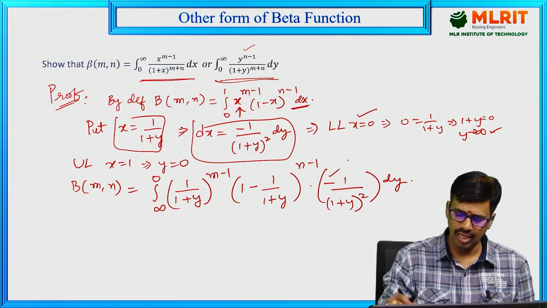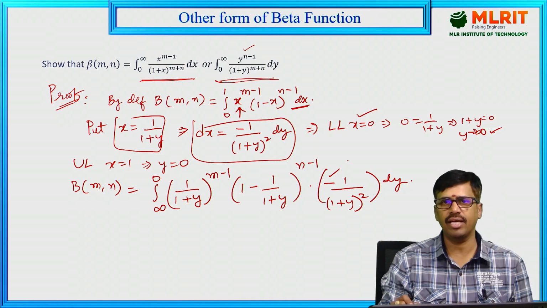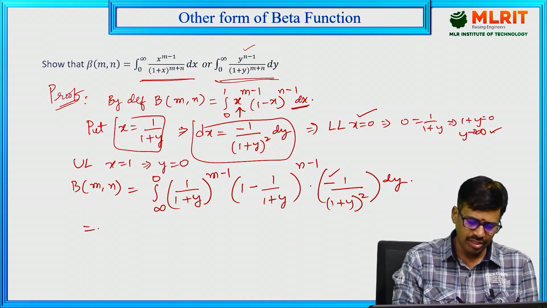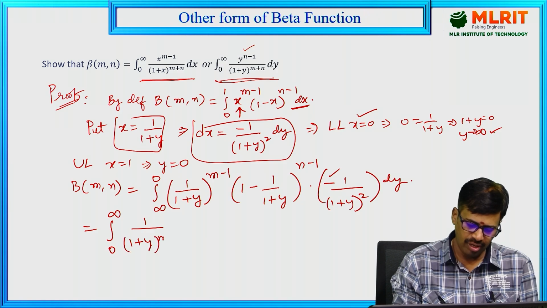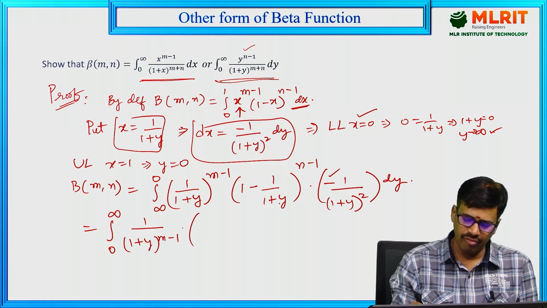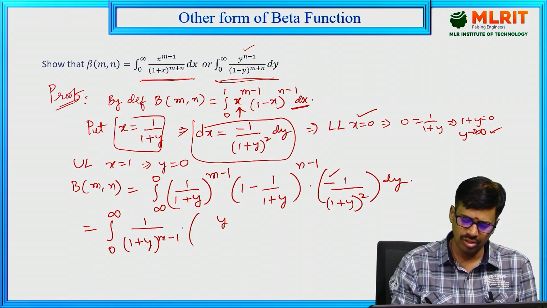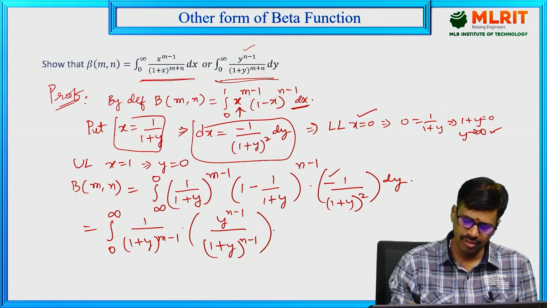If I remove this minus sign, the limits will be interchanged. So this can be written as integral 0 to infinity 1 by 1 plus y whole power m minus 1, and taking the LCM, 1 plus y minus 1, so this is y power n minus 1 by 1 plus y whole power n minus 1, into 1 by 1 plus y whole square dy.